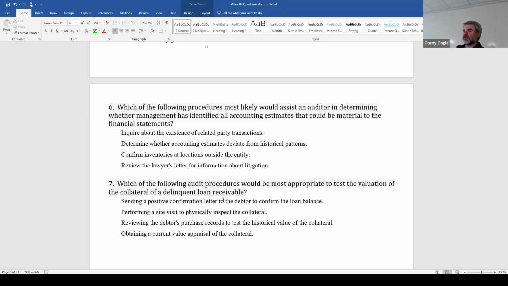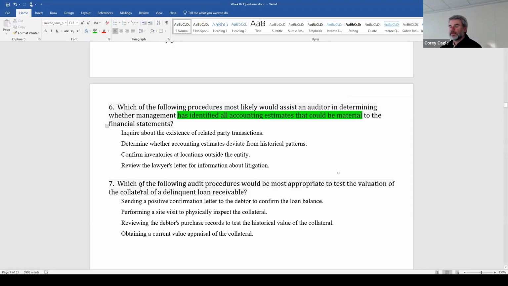So we're 100% not ready to answer this until we talk about lawyer letters and what they do, but that's where they stuck it, so we'll talk about it. Which of these will help us find whether management has identified all accounting estimates that could be material?